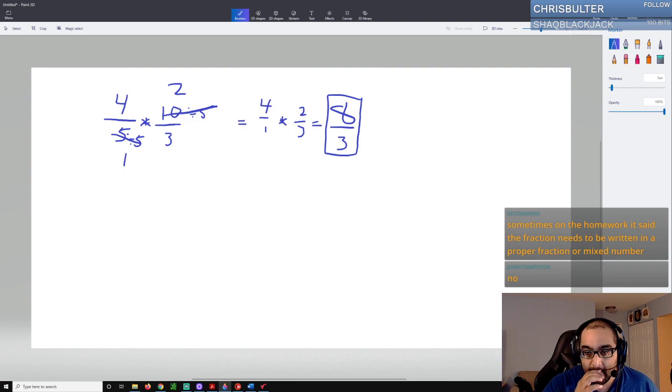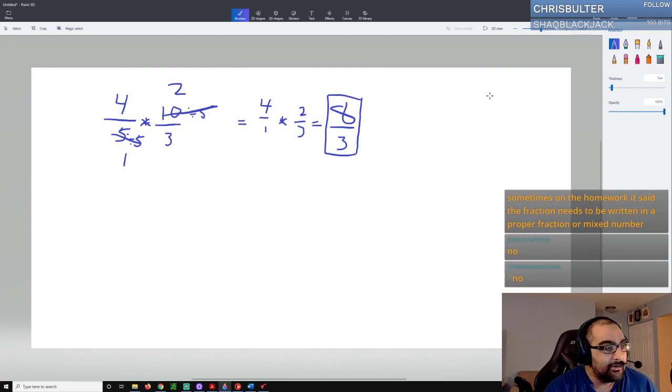Oh, okay. That's fair. So in this case here, if we get 8/3 as our answer, then we may need to change it to a mixed number. So that's a very fair thing to say. Changing 8/3, you just have to do 8 divided by 3. That goes in 2 times, so we're going to get remainder 2.